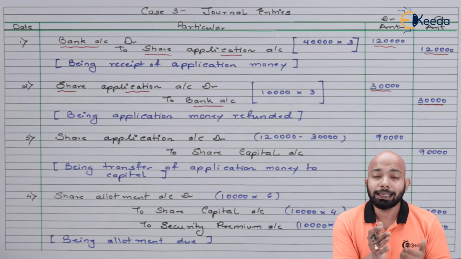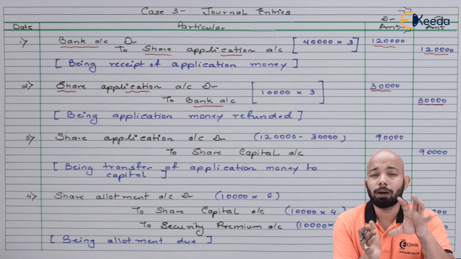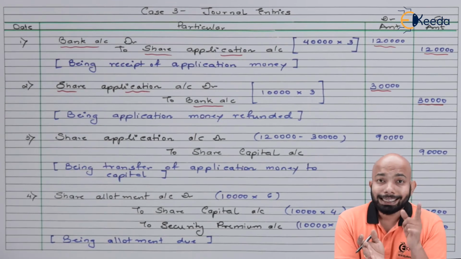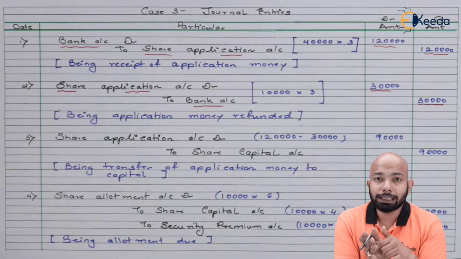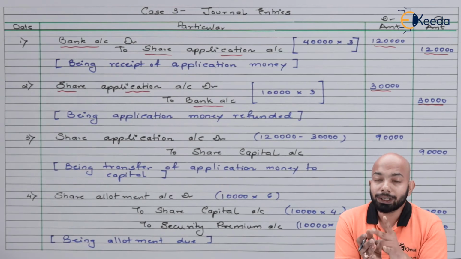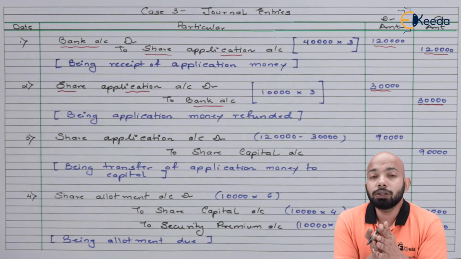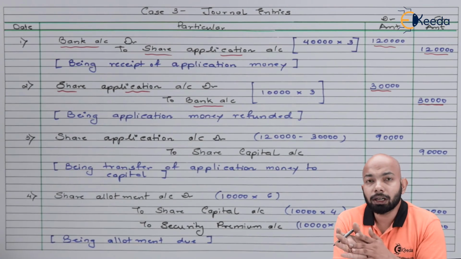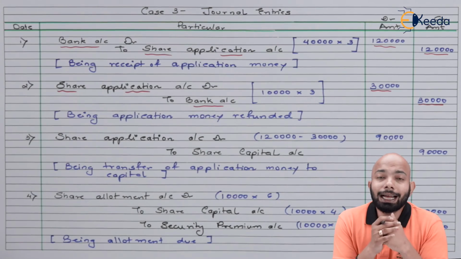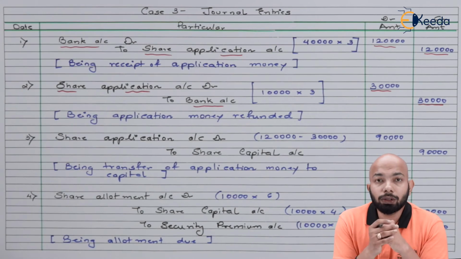So whatever amount you have can then be utilized into the allotment part. Hence, the entry that will be modified here is share application account debit to equity share capital account, credit to share allotment account or share allotment adjustment account, whichever is fine. Hence, that entry has been mentioned. Let's figure out the amount.